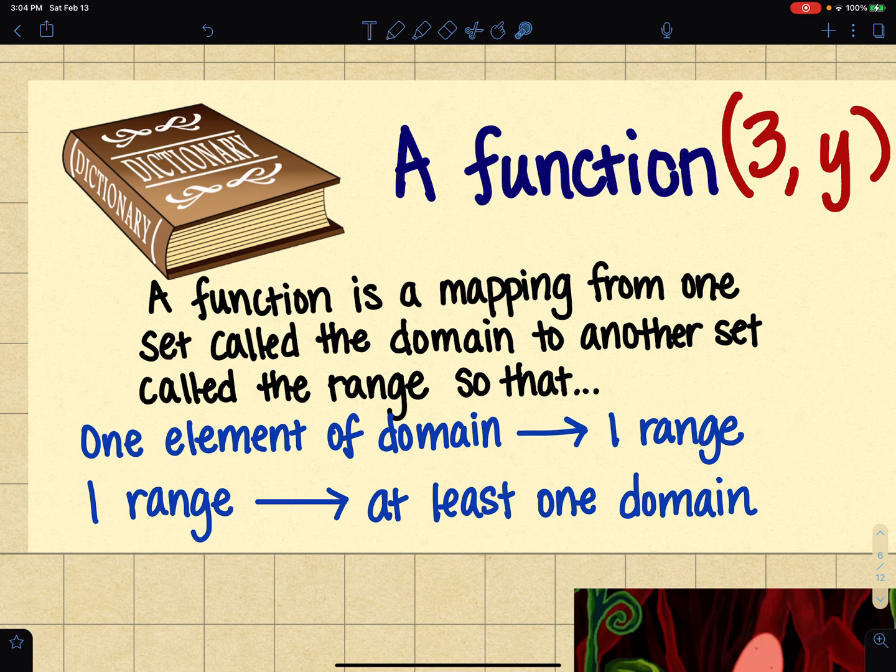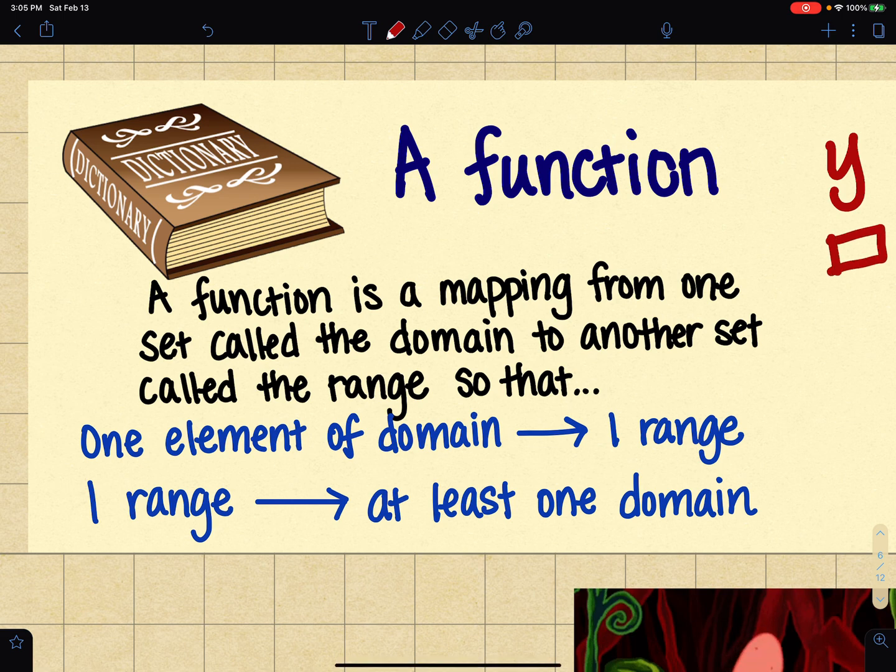Okay, now the range is different. For the range, you can have more than one domain. For example, let's say you want to buy a candy bar and it costs $1. So the y is a candy bar. What x can you put in?